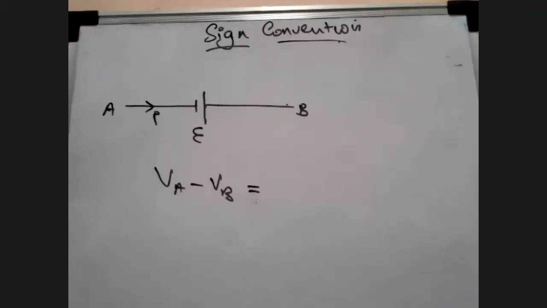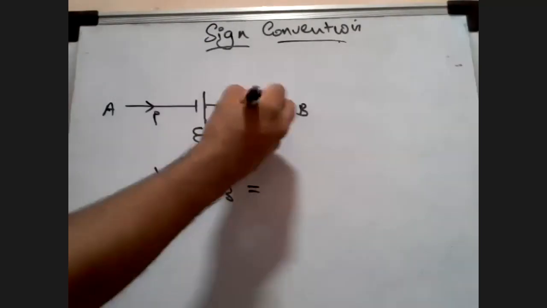Okay, listen, there's a little bit of confusion. What creates the potential between A and B in this branch? What is the reason for the potential? Is it the battery? Yes, it's the battery. So does it matter which direction my current is going? No, it doesn't matter.